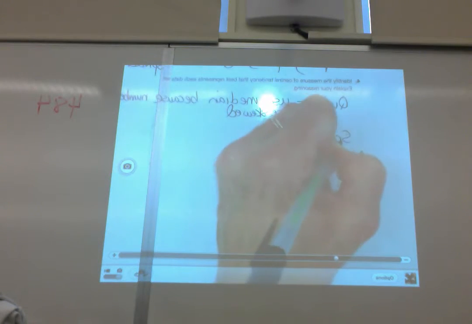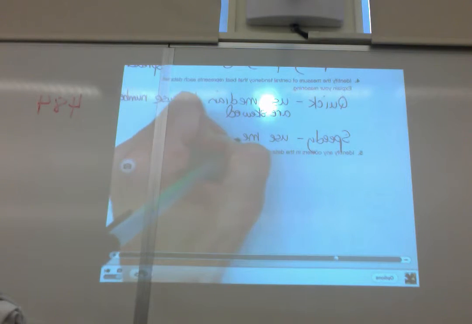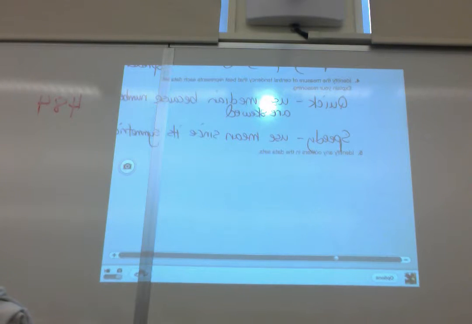And speedy, use mean since it's symmetric. Mean gives you a more precise middle number. It's an average if you have numbers that cluster around that average, but it can get pulled off when you have skews.